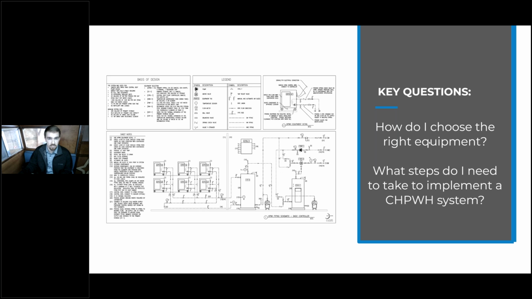The key questions we're going to answer today are: how do I choose the right equipment, and what steps do I need to take to implement a commercial heat pump water heater system? There are a lot of different equipment types you can choose, and a lot of different locations this equipment can go into.